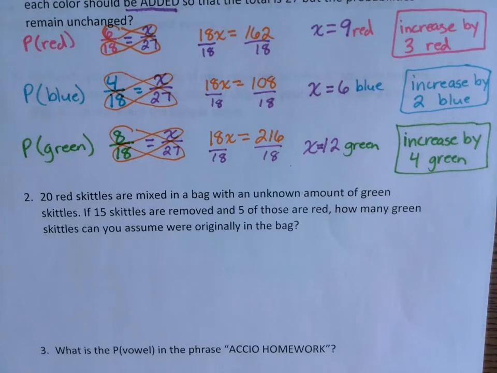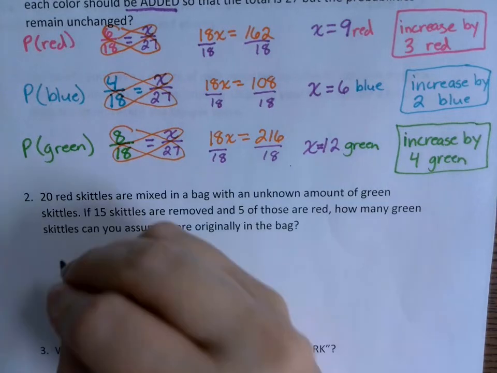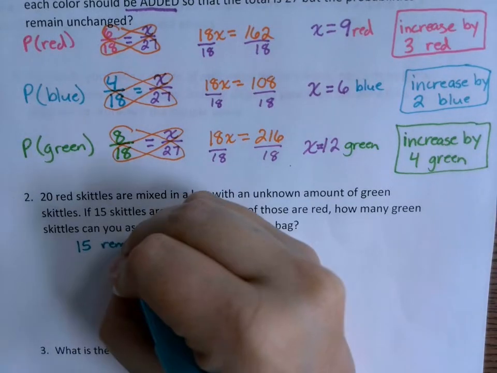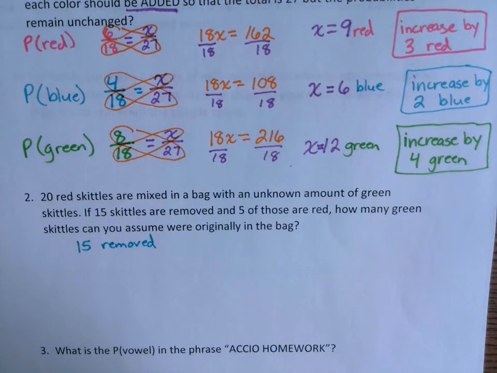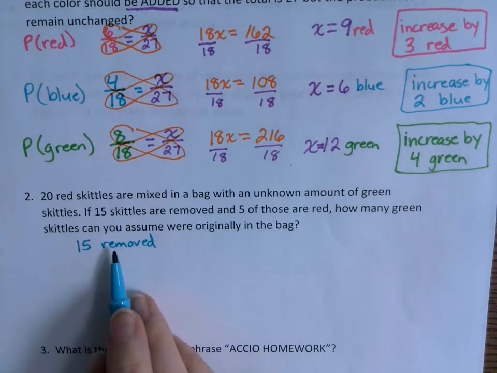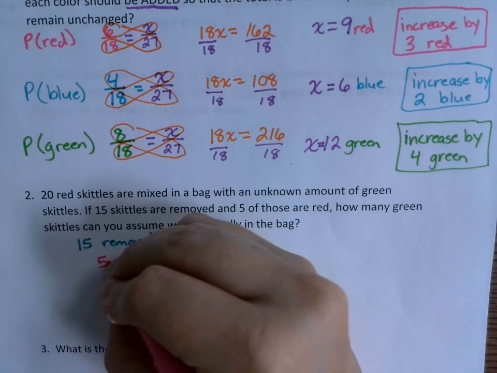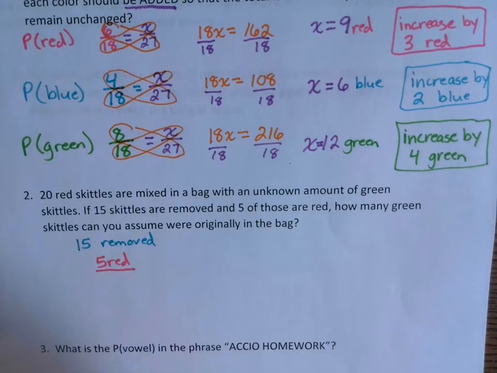Okay, so again, we have a probability that we can set up based off of the 15 that were removed. So based off of the 15 that were removed, we have 5 of them that were red, which means how many were green? 10, right? There's 5 that were red. That means that there's 10 that were green.